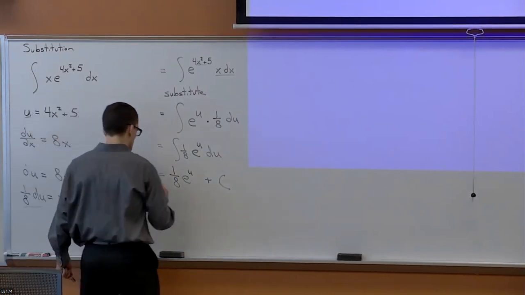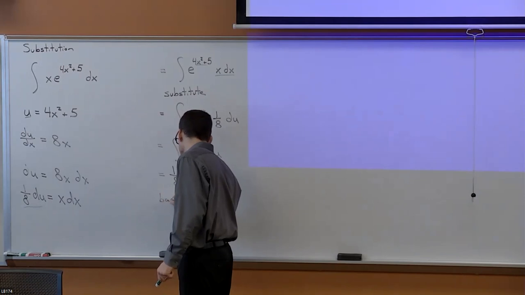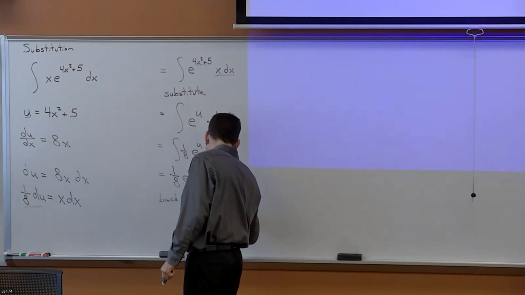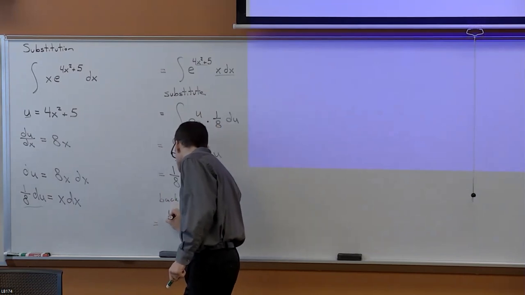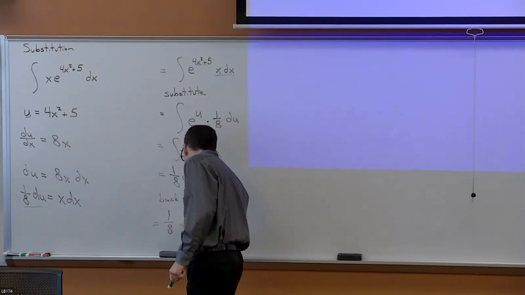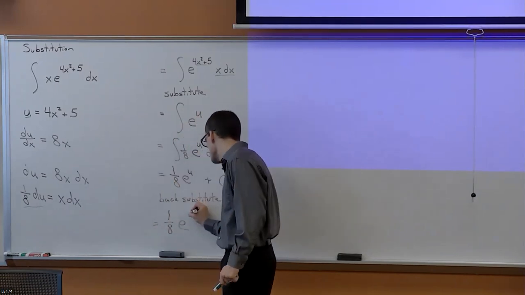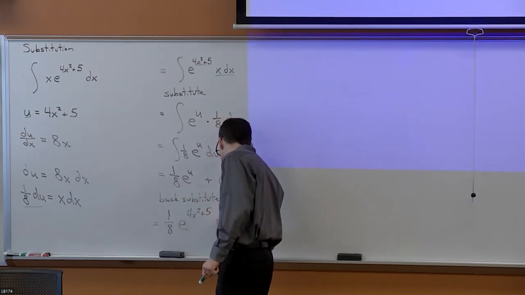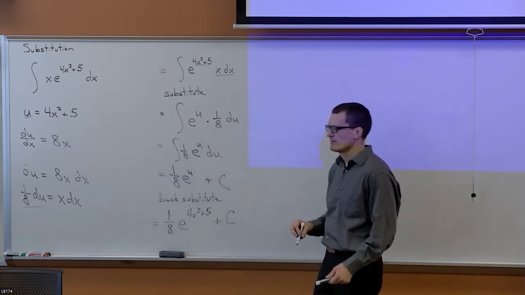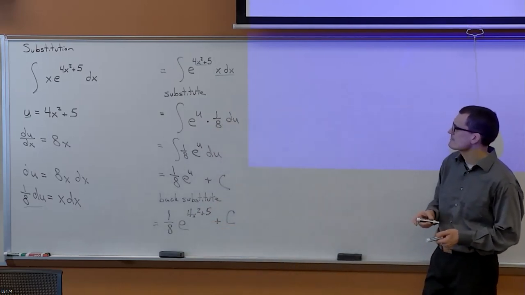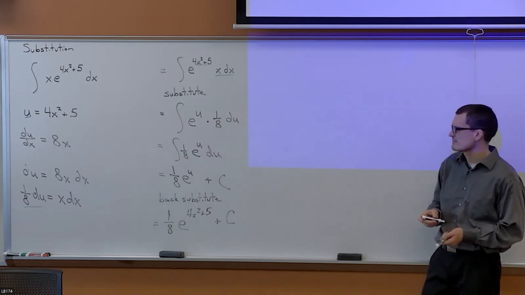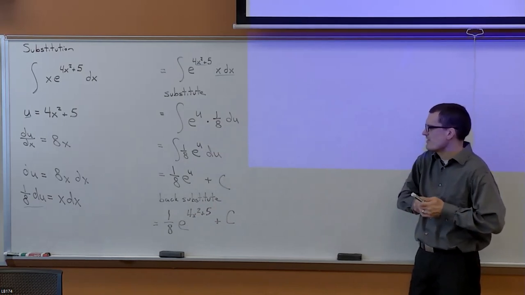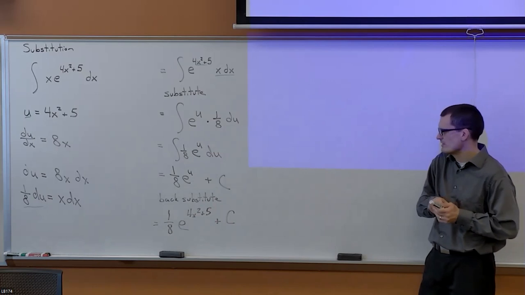And then when I back substitute, I just exchange that u for my 4x squared plus 5. So the final answer there is 1/8 e to the 4x squared plus 5, plus c.